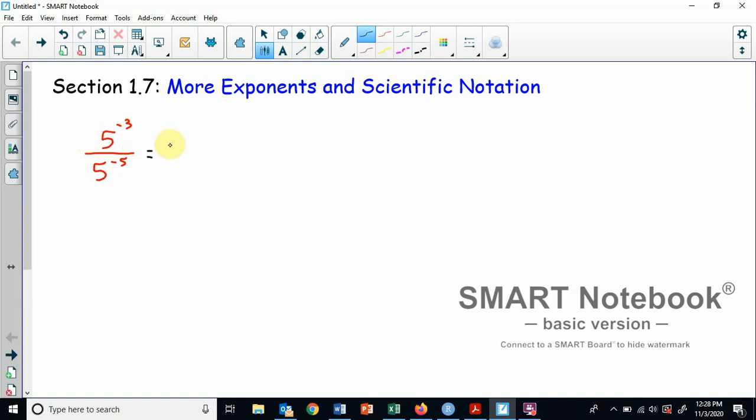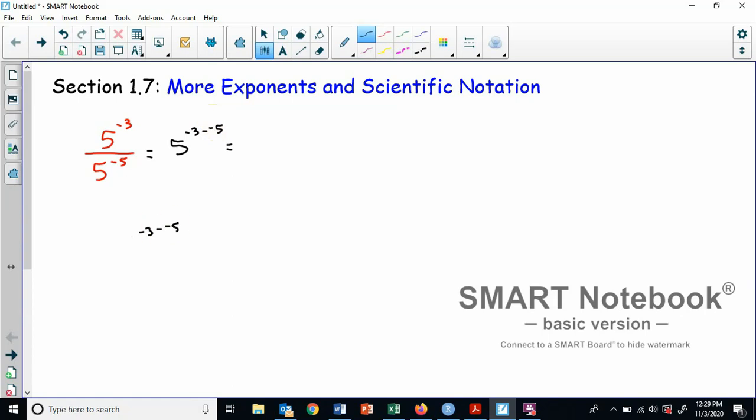I'm actually going to, because I've done so many of these, I can see and do some in my head and check which one will be faster. I am going to dive right into the division rule for like bases, which says you take the top exponent, which is negative 3, and you subtract the bottom exponent, which is negative 5. Now, what is negative 3 minus negative 5?